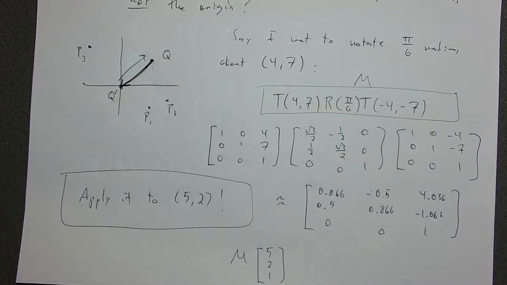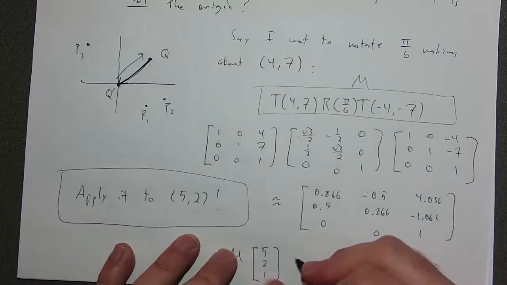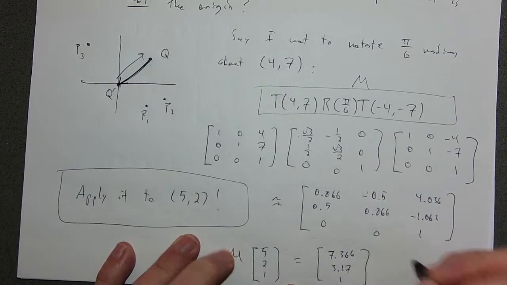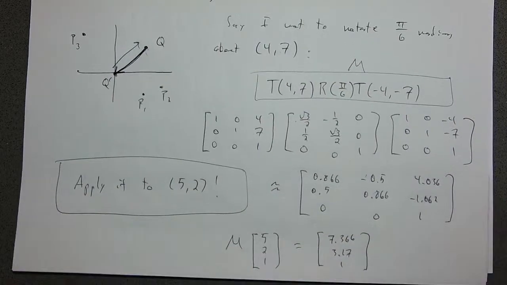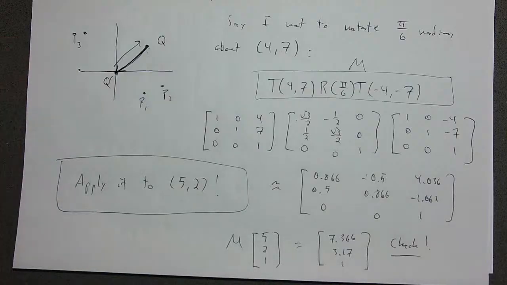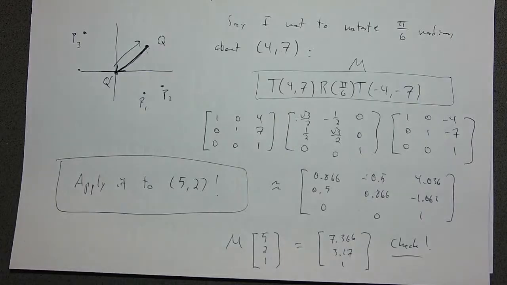And what you would get is, in fact, (7.366, 3.17, 1), which you can check by plotting that this does the exact thing you want it to do. It is a rotation about the point (4, 7) counterclockwise by pi over 6 radians.